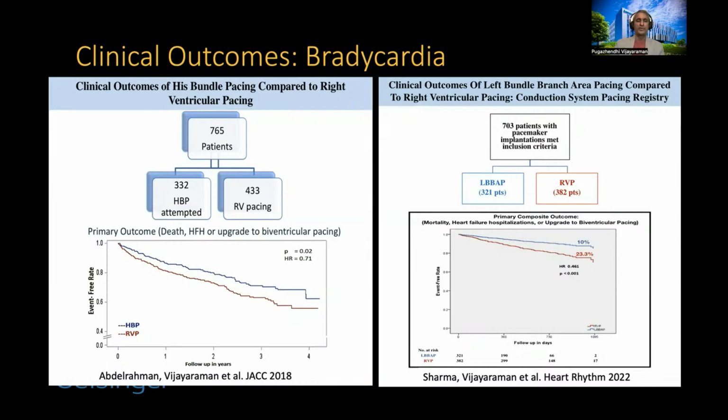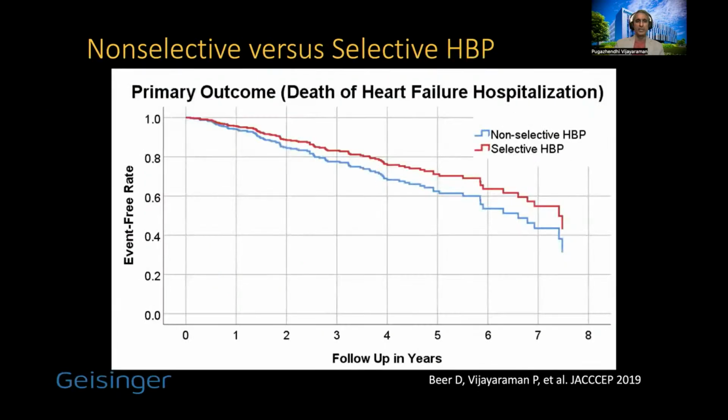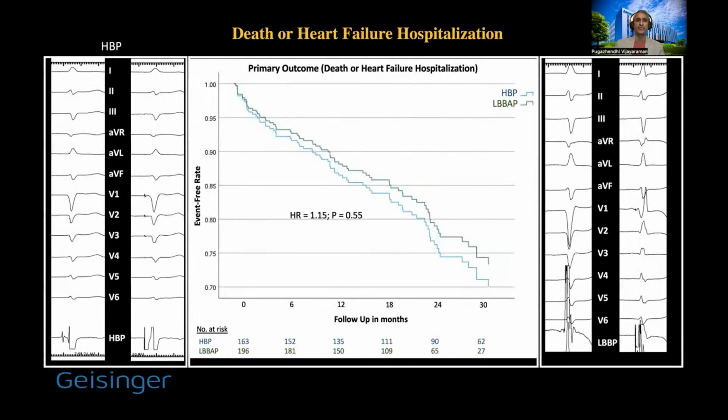The need for upgrade to bi-V pacing or the incidence of death or heart failure hospitalization was significantly reduced in this group of patients with physiologic pacing. We also learned that comparing non-selective versus selective His bundle pacing, there was no significant difference in clinical outcomes, suggesting that non-selective pacing may be as good as selective His bundle pacing.